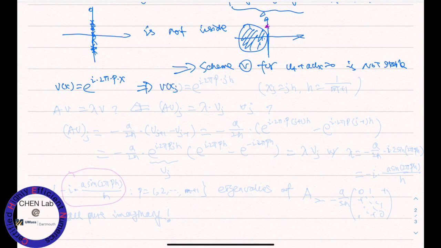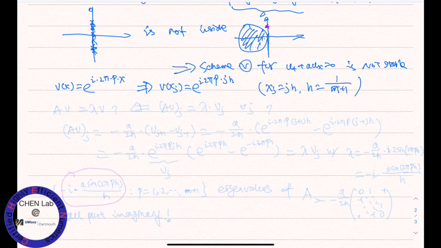Which means V of x_j is equal to e^(i 2 pi p x_j), where x_j is jh, and h is equal to 1 over n plus 1, okay?